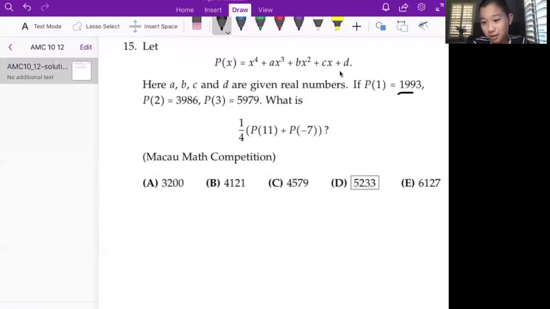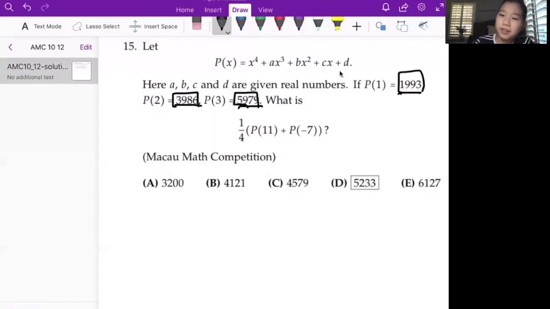So you notice this is close to 2000, this is close to 4000, and this is close to 6000. And it seems like they're all just a bit less. But this is very close, this is just a bit less, and then this is even more or less.